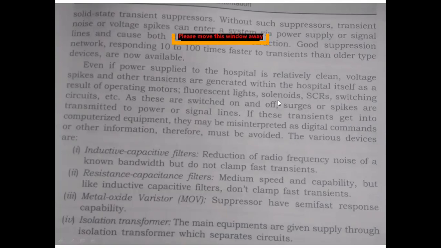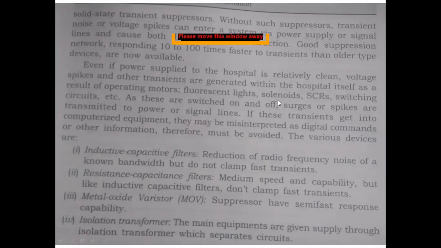If we are operating the PCBs through this power supply, the spikes may interfere with the actual signals. These spikes also form a digital form, and this digital signal interferes with the actual digital signals, and due to that there is interference and misreading of the signal. That is possible.